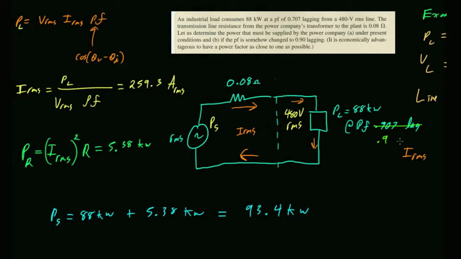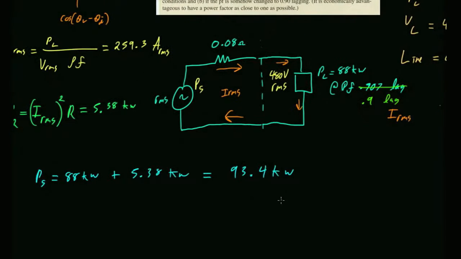Are they using the same amount of power? No. Yeah, they're still using 88 kilowatts, right? But remember, power factor is the cosine of the difference between the voltage angle and the current angle.